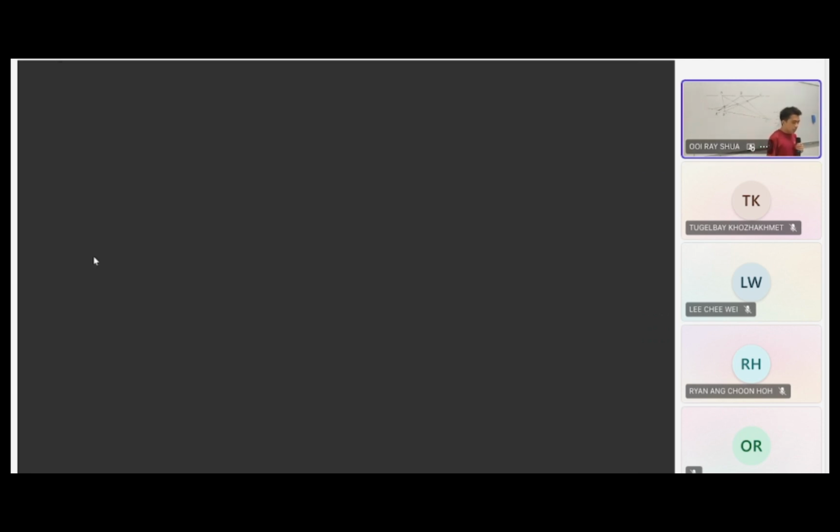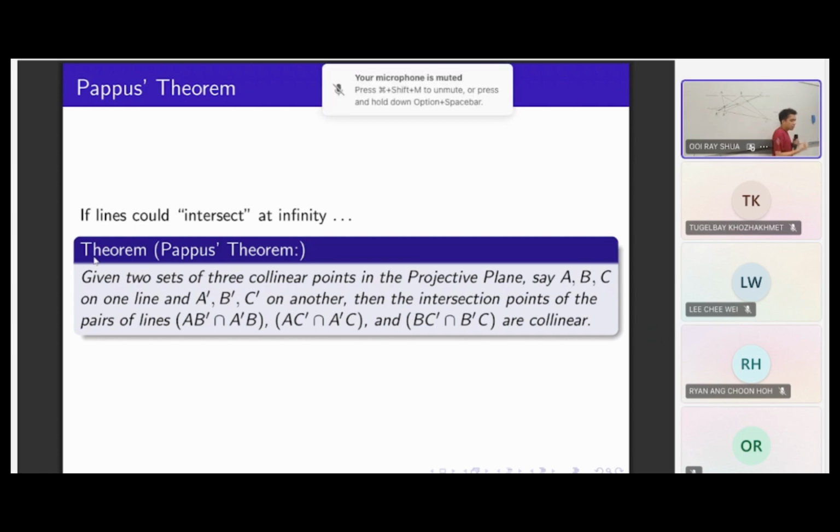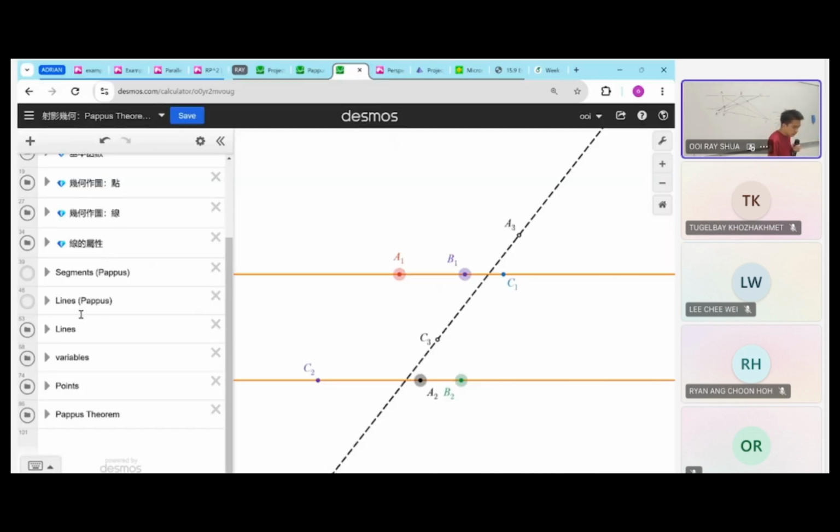Okay, so maybe we have a wish list. Maybe if lines could actually intersect at infinity, our previous theorem would be correct? For example, this one just now. Although that intersection point is not on the plane over here, if somehow it intersected at infinity, then the theorem would still be true, right?